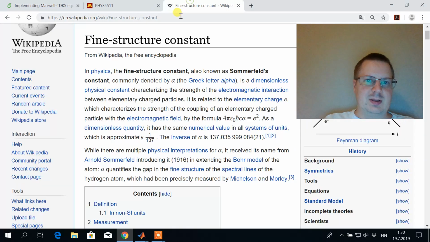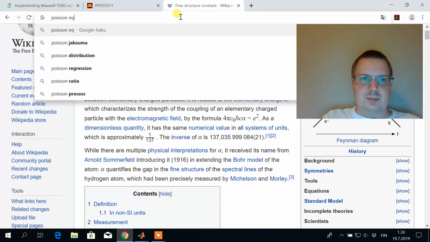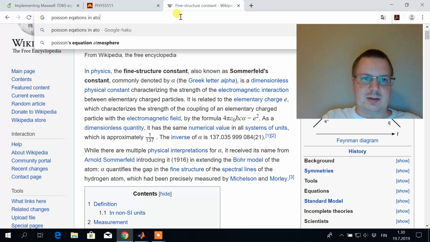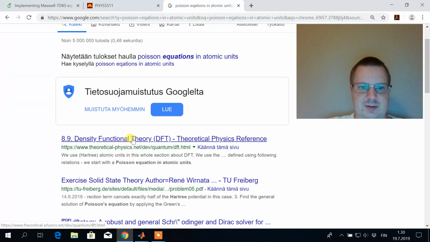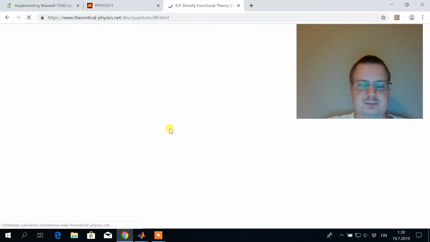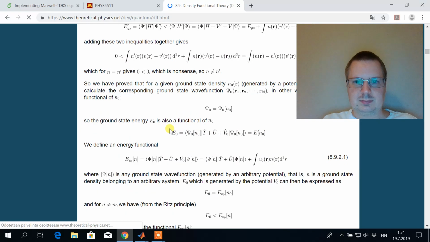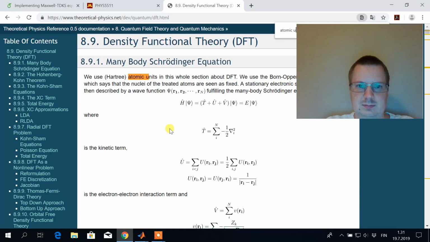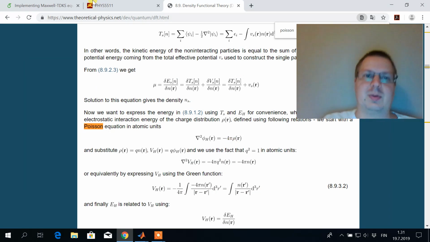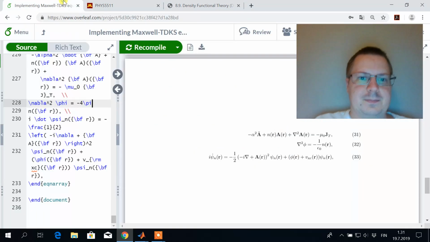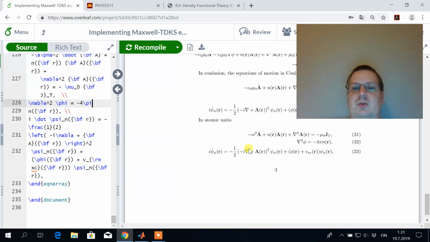We can maybe check that. So let's say Coulomb Poisson equation in atomic units. Let's see if we have Poisson equation in atomic units. Yes, you have the 4 pi. Fine. And yeah, okay.